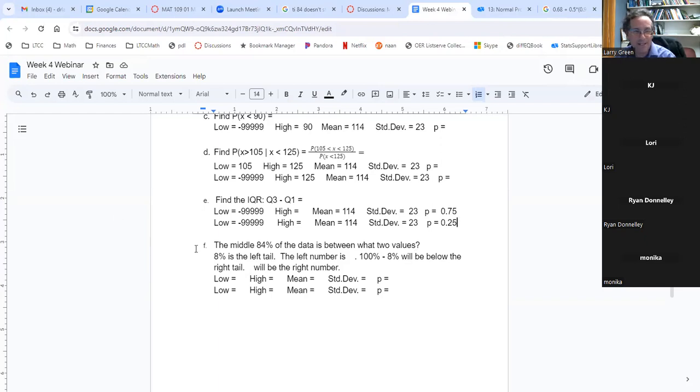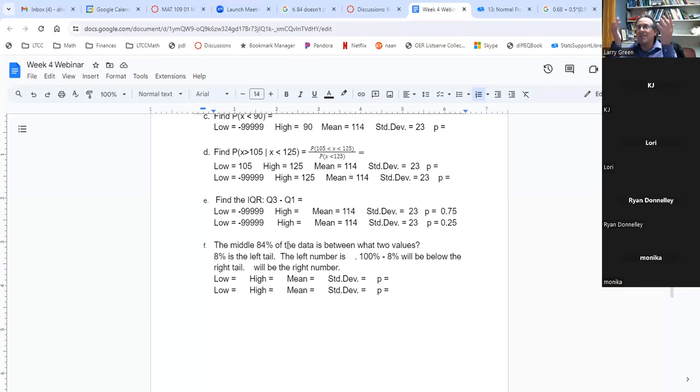So the idea is that if 84% is in the middle, how much is outside? How much is on the two tails combined? If 84% is inside, how much is outside? 16%, right? Or 0.16.